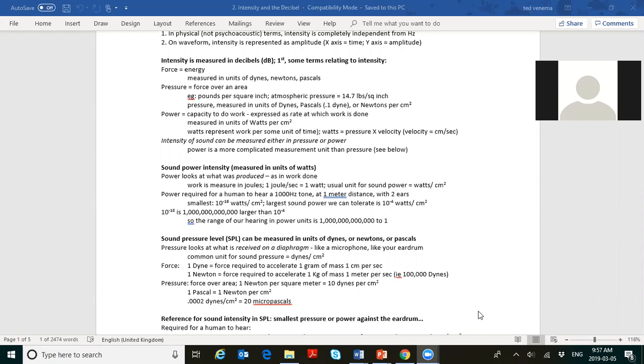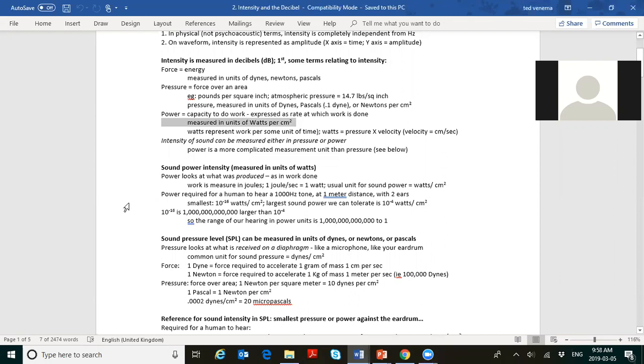But power is a different way, and we don't use it, but some people do. And power is reflected in the capacity to do work. Okay? And it's measured in watts per centimeter squared. So pressure, dynes per centimeter squared, power, watts per centimeter squared. Forget about all of that stuff, move down.